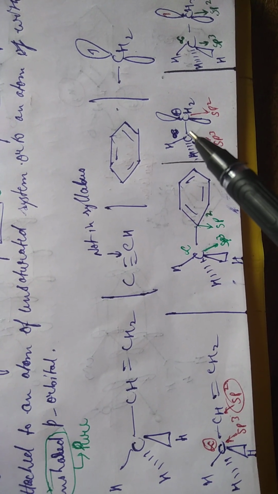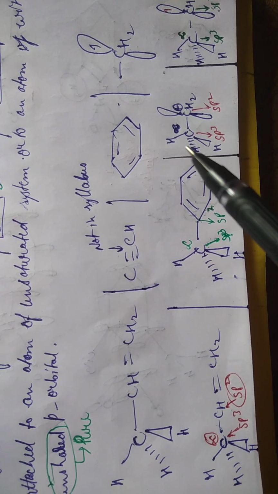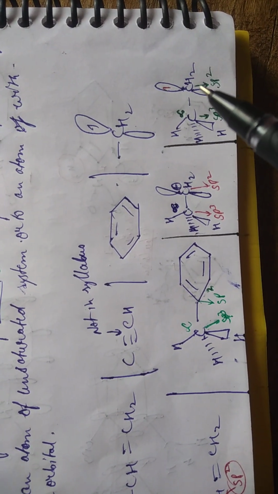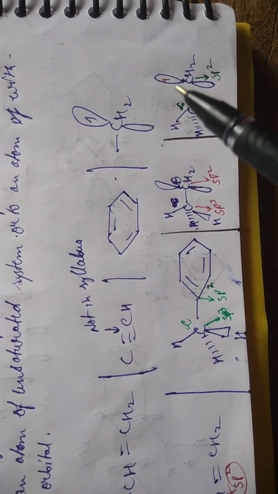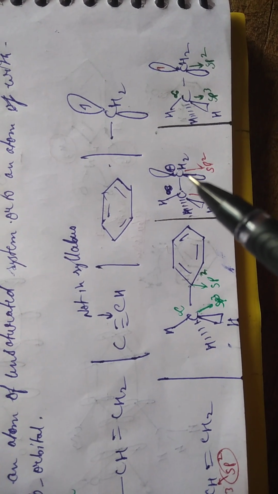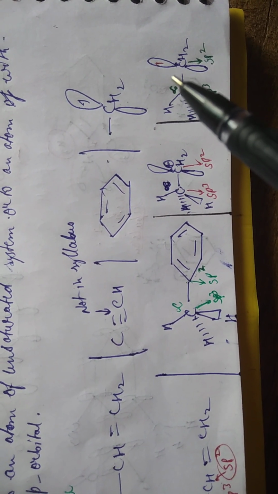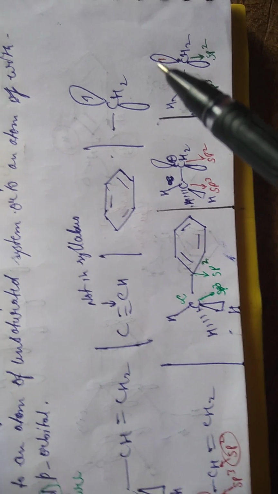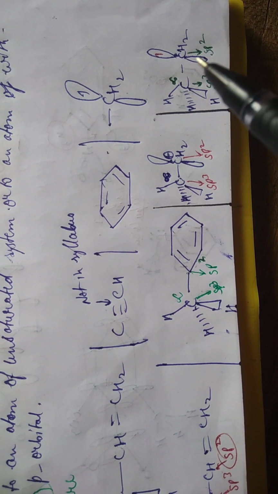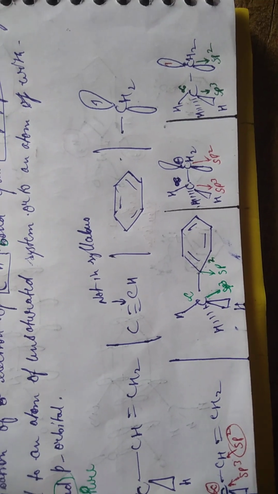If sp2 is attached to an adjacent carbon which has 3 hydrogens, they will be called alpha hydrogens.